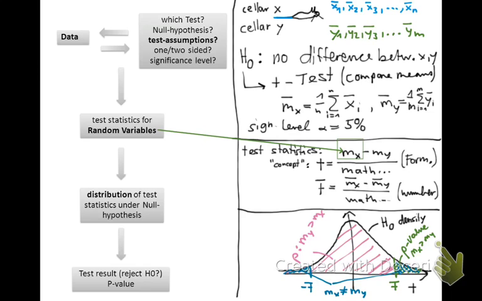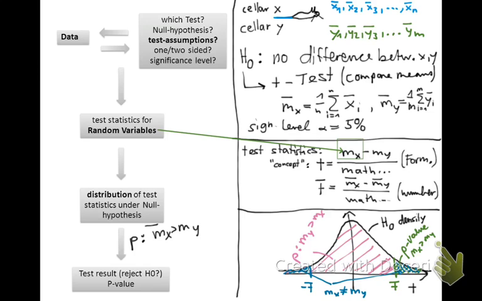Okay, so now we have p-values. Now let's just assume that we stay with the one-sided case where mx should be larger than my. Mx larger than my. And now note something.